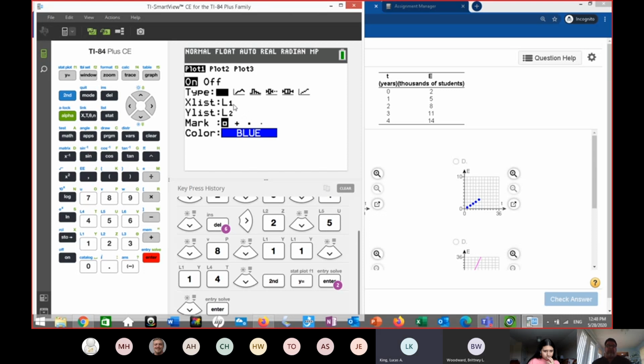Now, you can either use L1 and L2 all the time, or you can use L3 and L4, but when you get to this page, you have to change that to L3 and L4, and that is second. And see your L1s and L2s right here. But you don't have to do it if you just use L1 and L2 all the time. And hit graph.